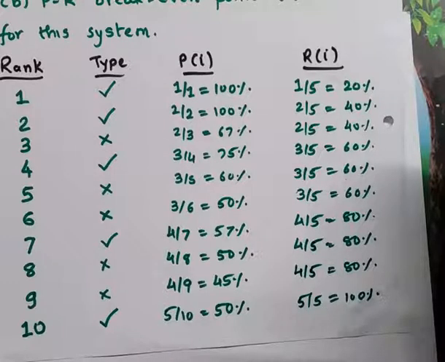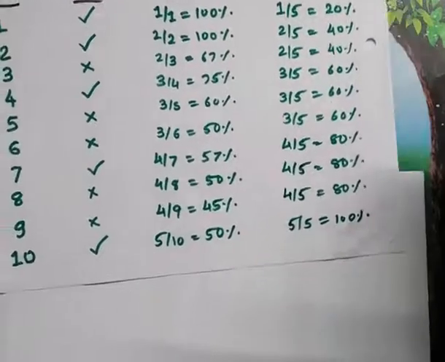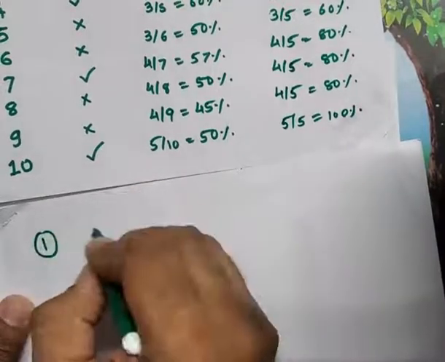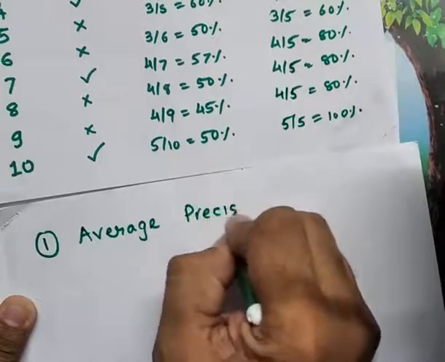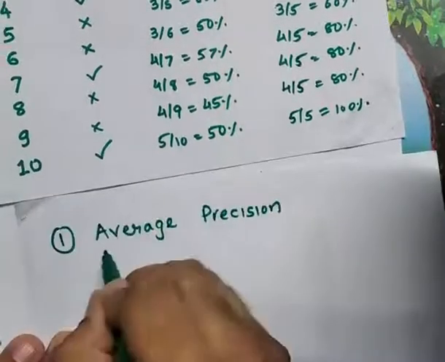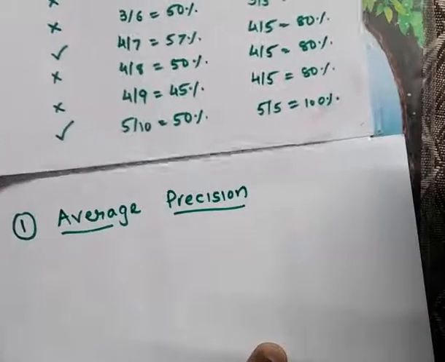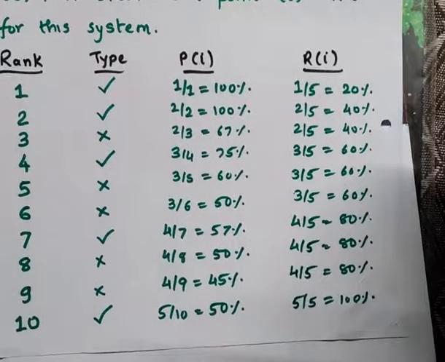So let us start first by calculating the average precision value for our system. Average precision value can be calculated by taking an average of all the precision values at which we found a relevant document.